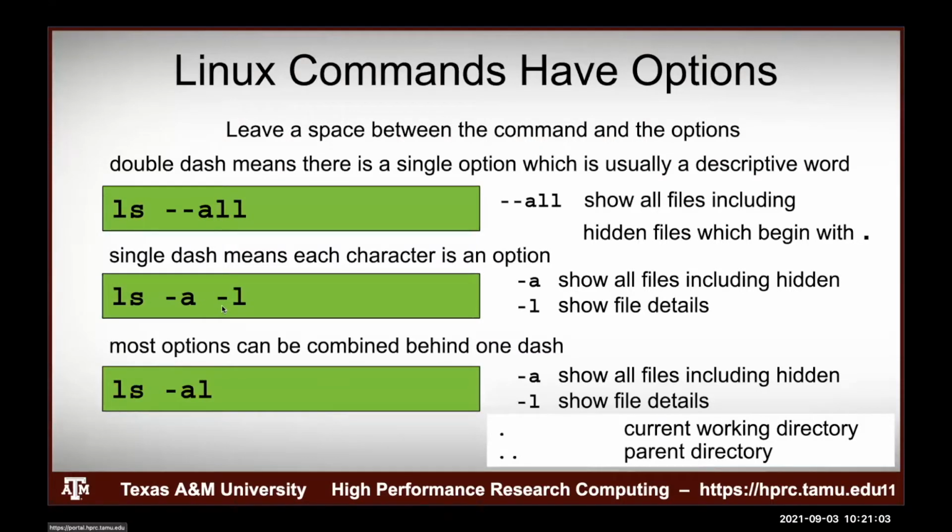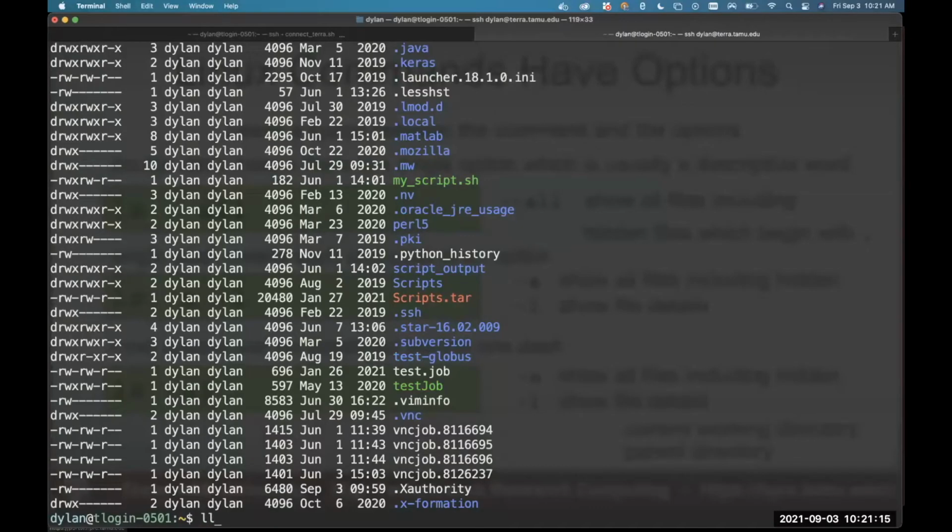I personally prefer this long list or vertical format compared to the traditional horizontal ls format. On our clusters, we have an alias that says whenever you type ll, we're actually going to translate that into ls -l.